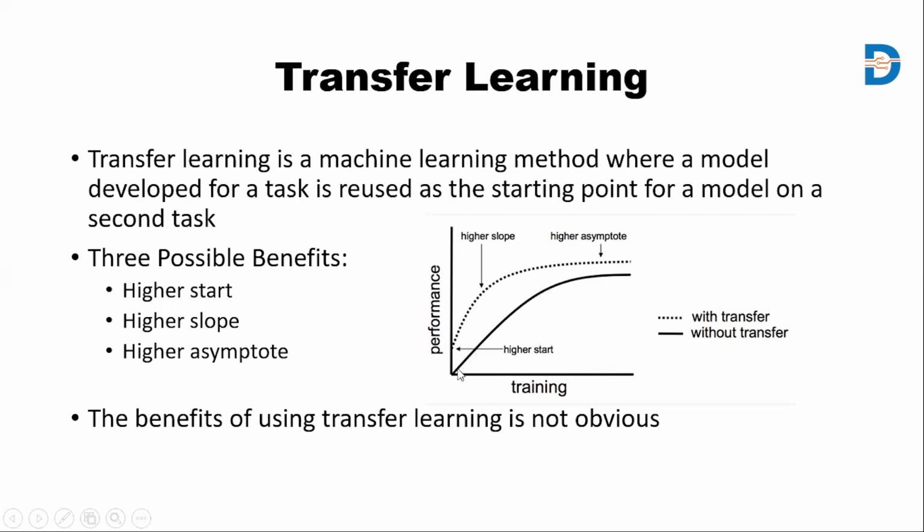If we are not using transfer learning, we have to start training my model from scratch. But with transfer learning, we can have a higher start, a higher slope, and a higher asymptote. These are the three benefits of using transfer learning.